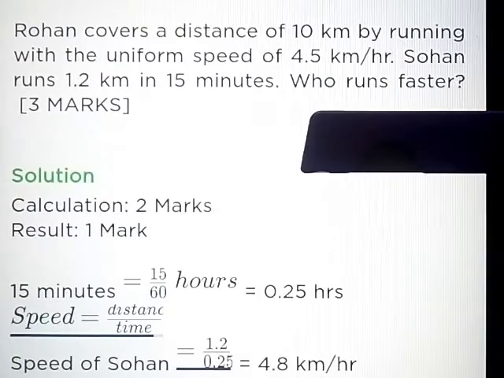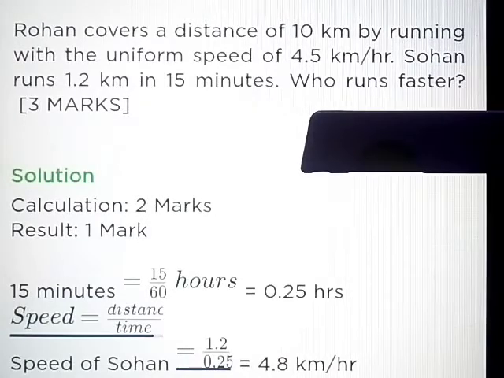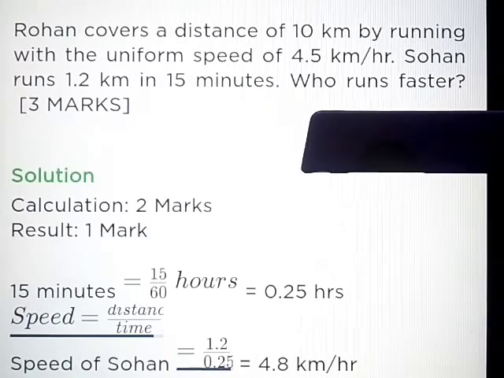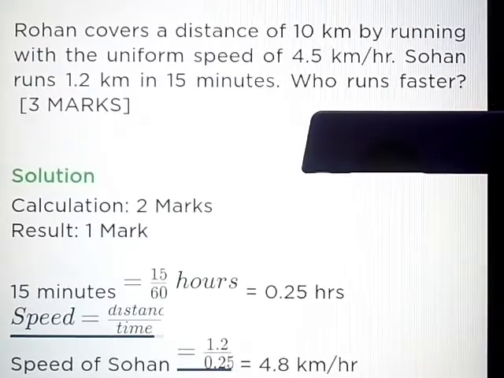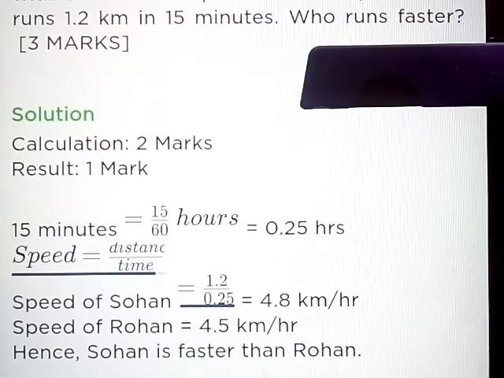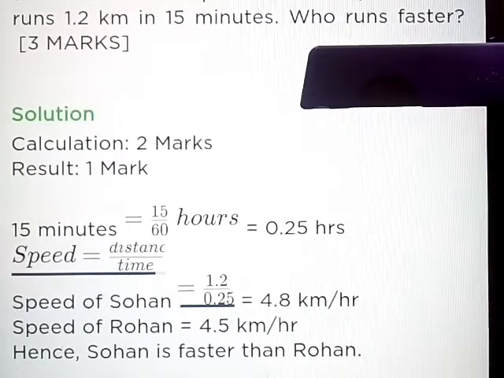Question number 7. Rohan covers a distance of 10 km by running with the uniform speed of 4.5 km per hour. Sohan runs 1.2 km in 15 minutes. Who runs faster? Answer. 15 minutes is equal to 15 upon 60 hours, which is equal to 0.25 hours.